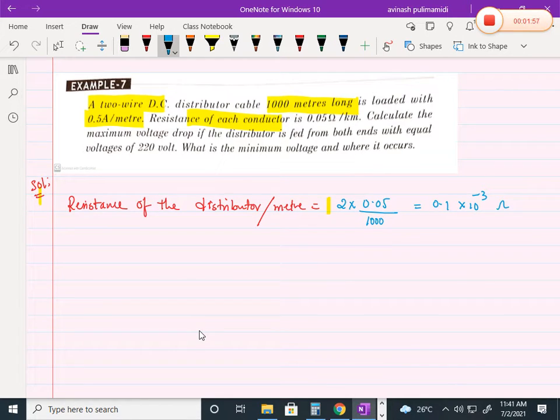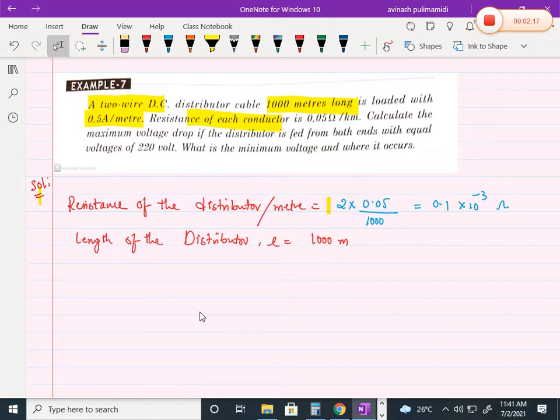Next, length of the distributor. What is the length of the distributor here? Length of the distributor, small l, is 1000 meters.